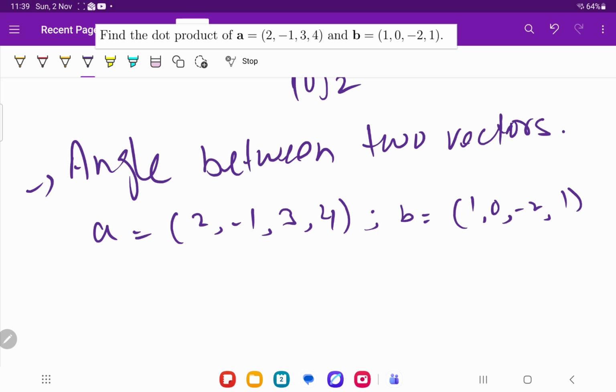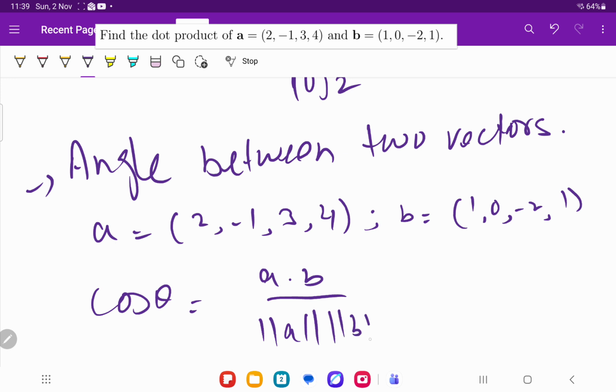If you want to find the angle between two vectors, it is found by this formula: cos of theta equals A dot B divided by norm of A and norm of B. That is the formula for the angle between two vectors.